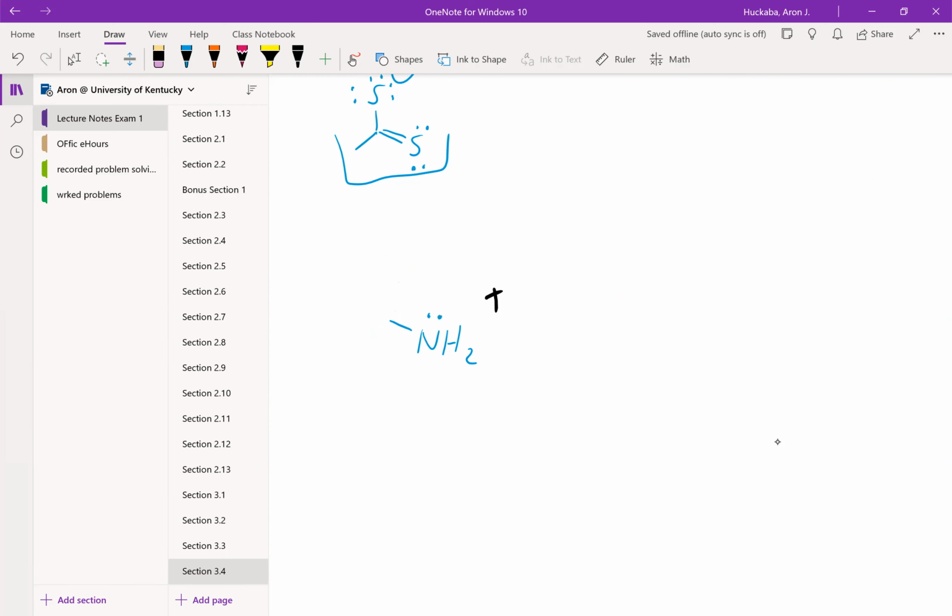Actually, let's not use those molecules. Let's use these 2. Oops, there we are. Great, here's one, and here's the other.